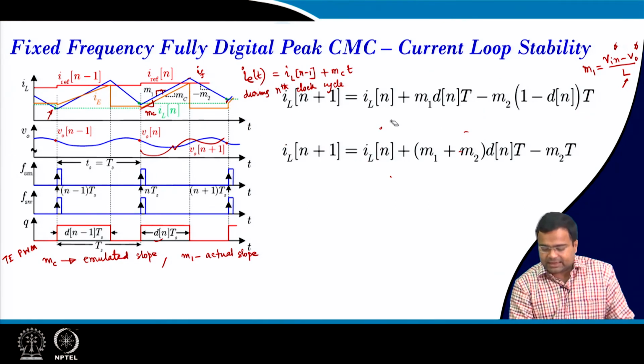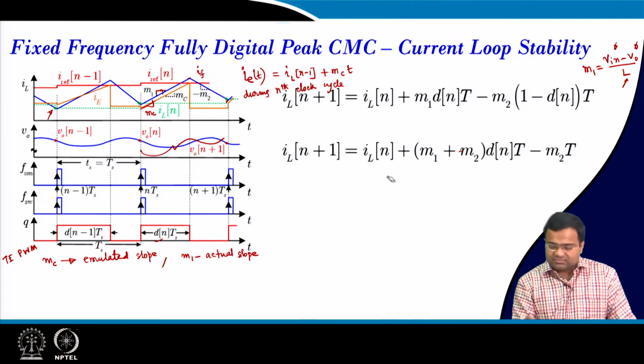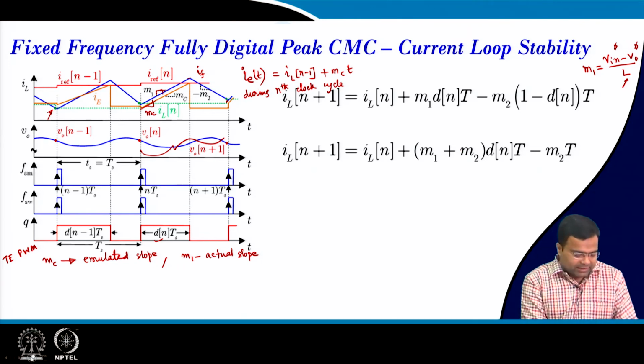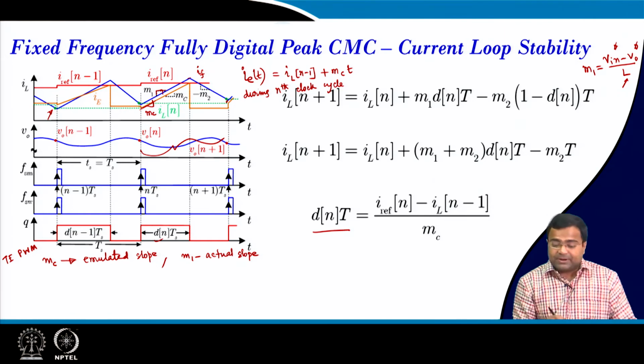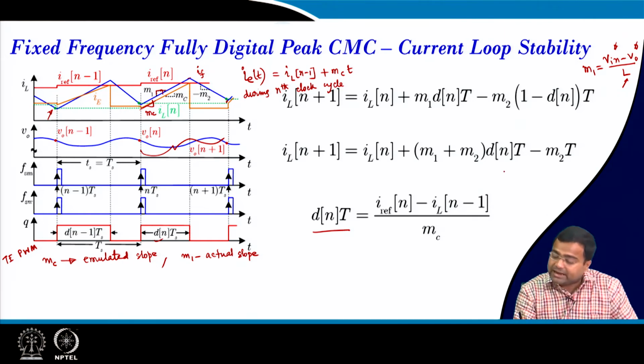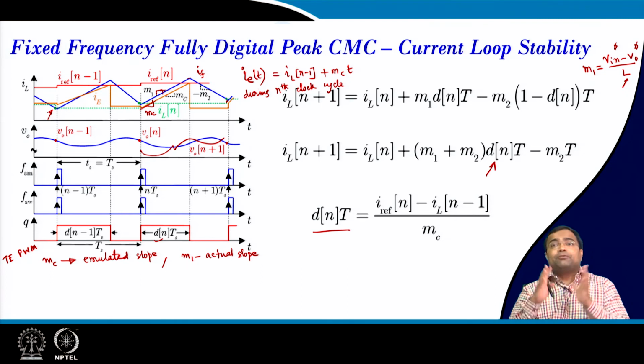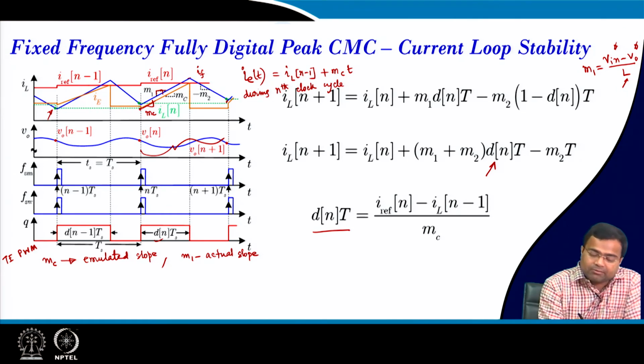Next, you can rearrange this equation. This dNt, if it is fully digital, is now not straightforward, because dNt is the duty ratio expression. How are you getting the duty ratio expression? The starting value of this cycle is coming from the emulated slope, and you can see the starting value for the emulated current is the inductor sample value of the previous cycle.